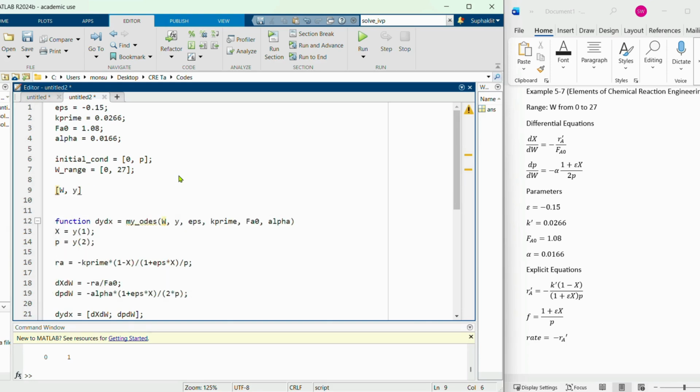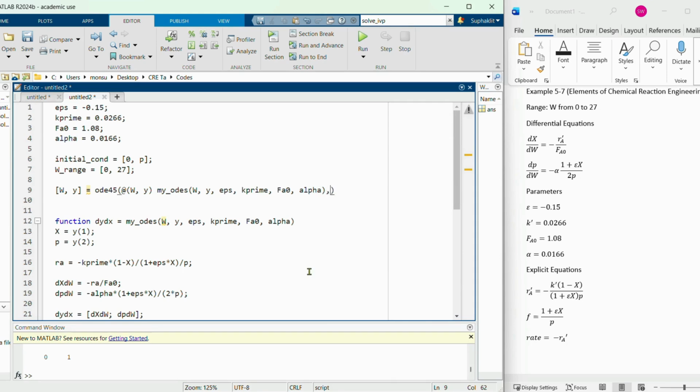So our results, W, which is the x-axis, and y, which are X and pressure ratio, equal, using ode45, a function of weight and y, since y are X and p. So I'm going to solve my ODE and basically just copy the variables from here.